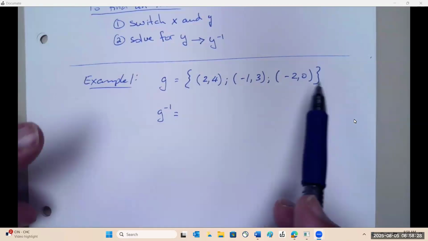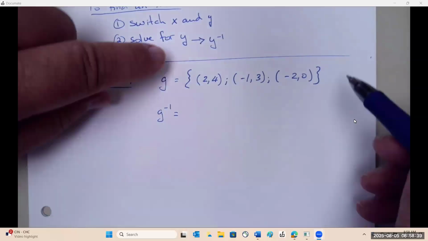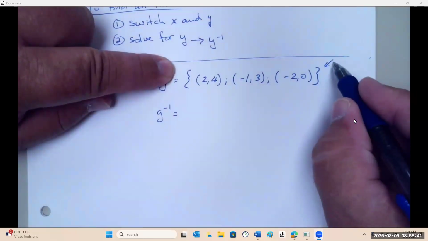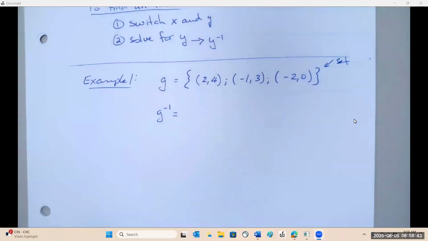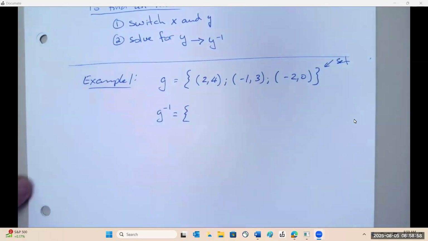I know we haven't talked about this, but any function, when you plot the points of a graph, how many points are there? Infinite number of points. These little squiggles, they represent a set. A function is a specific set of numbers that define that graph of that function. So this is just a small number. So my inverse is also going to be a set.